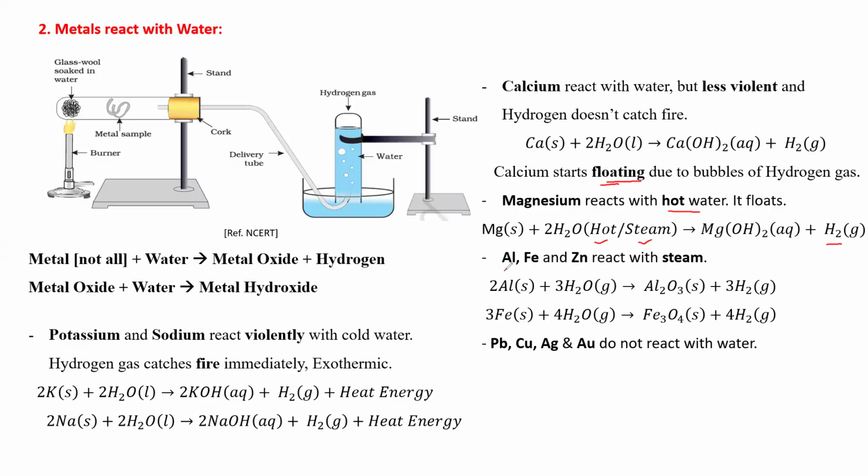Whereas metals such as aluminum, iron and zinc react only with steam, not with hot water, or even cold water. Only steam is required. So that's why here hydrogen is shown as a gas. It is the steam that aluminum and iron react with. So this reaction we have here.